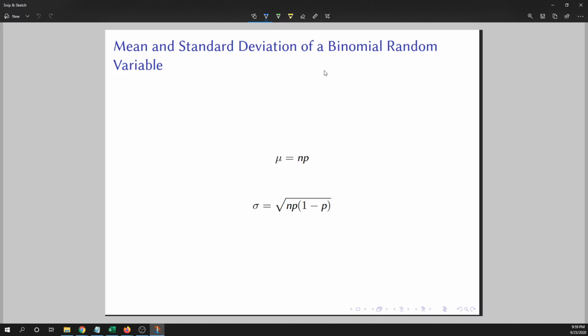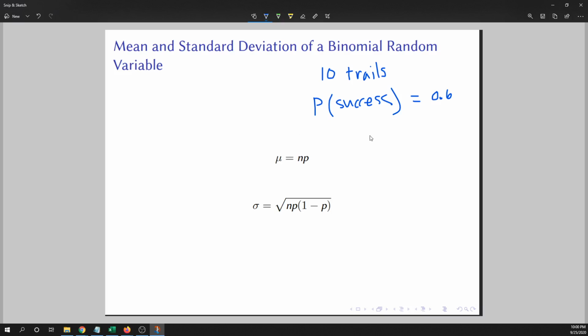Just as a quick example, let's say we had 10 trials, and the probability of a success is 0.6.